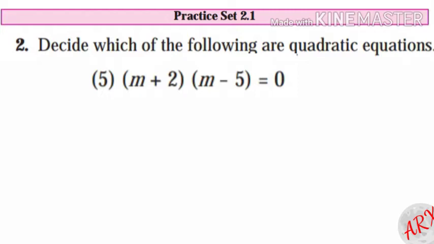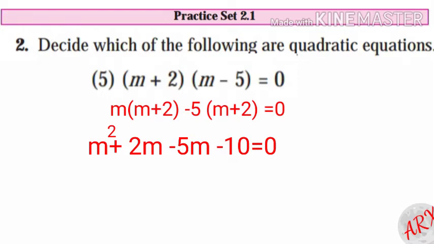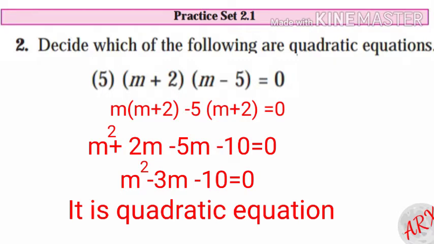After solving the equation, we will get m square plus 2m minus 5m minus 10. So it will be m square minus 3m minus 10 equal to 0. Here the index or degree of variable is 2, hence it is quadratic equation.